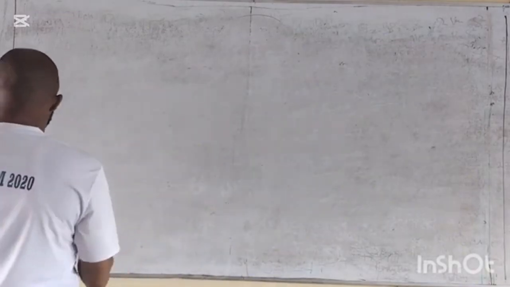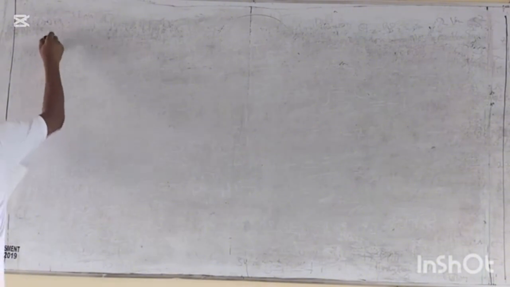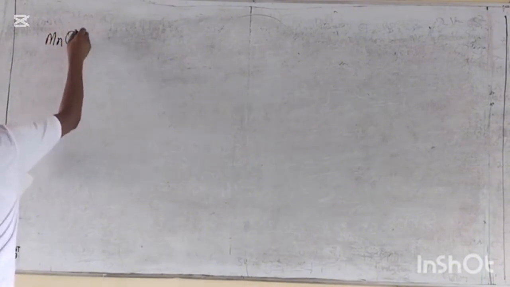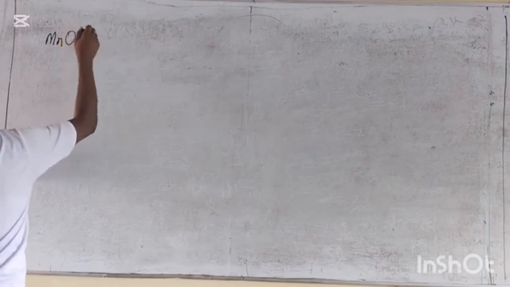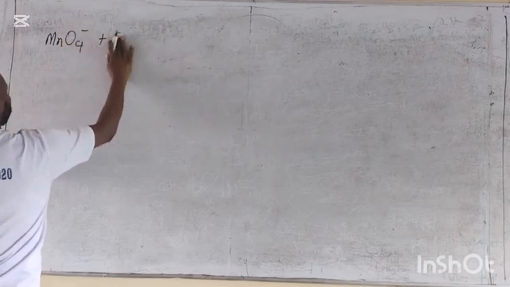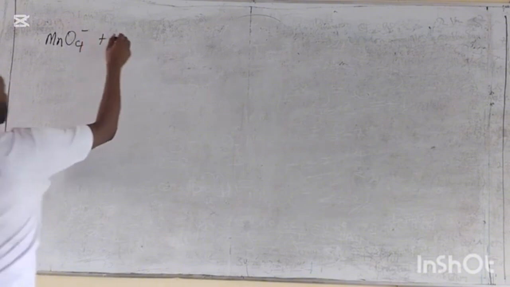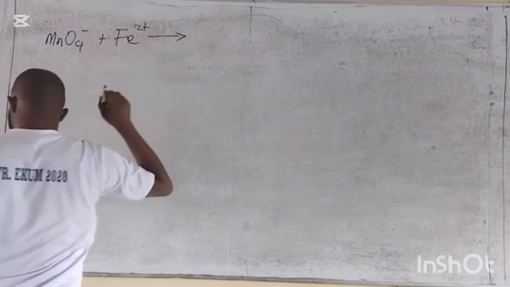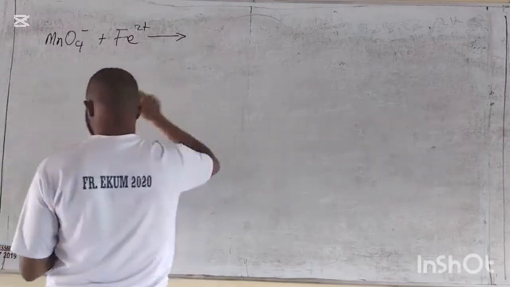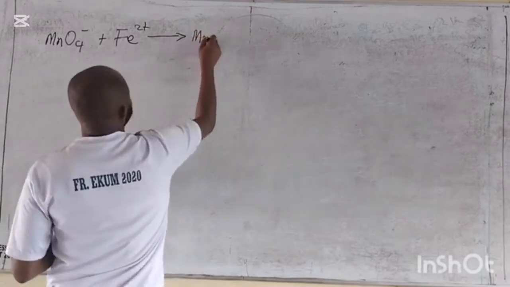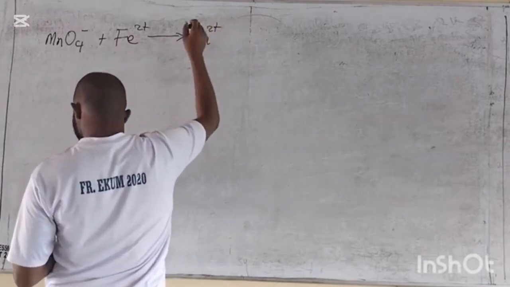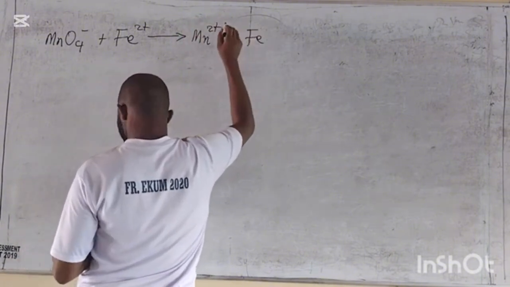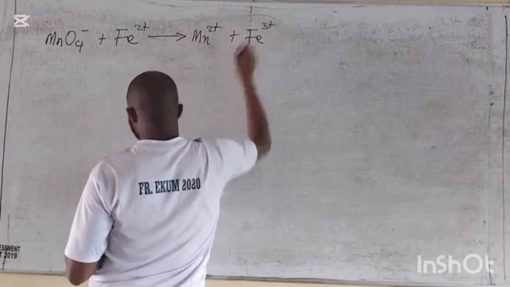Question number 1. MnO4- plus Fe2+ gives us Mn2+ plus Fe3+.